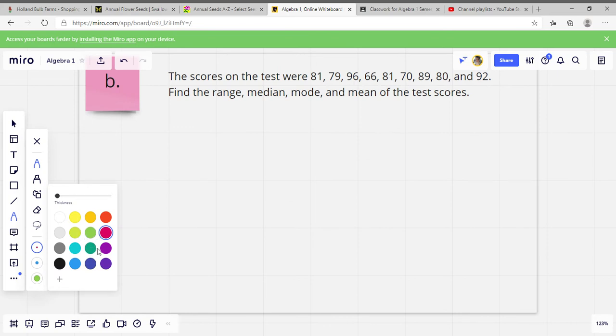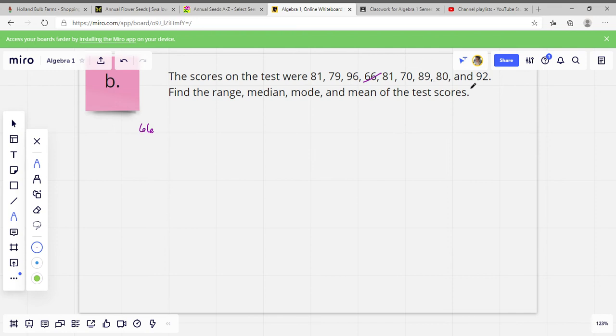Pick a different color here. All right, so my smallest number is going to be 66. Okay, and then are there any more 60s? No, then we get to 70. And then 79.